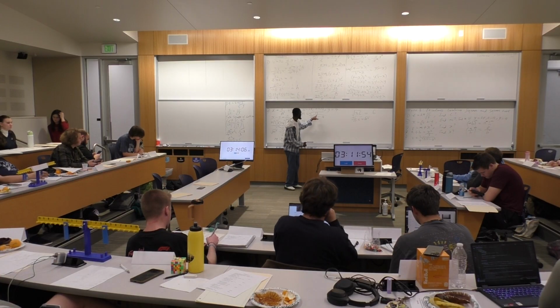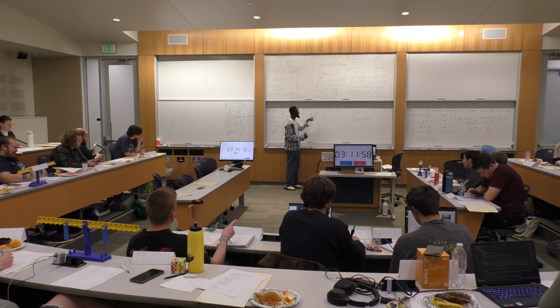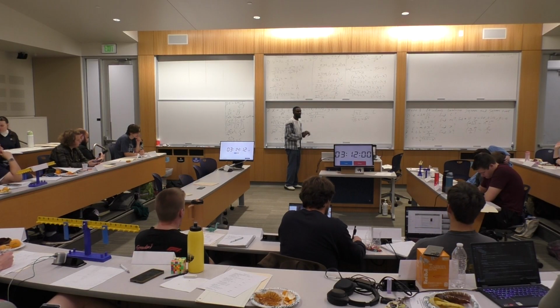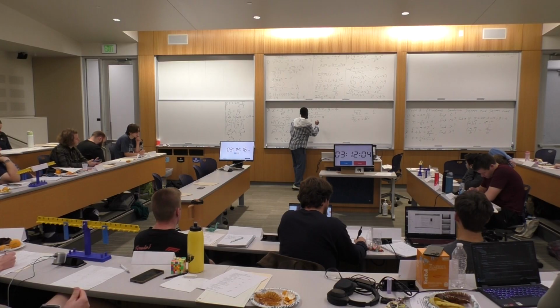Whatever you get, the square root of everything. That's 1 half. 12 over 28 minus 4 is 1 half.